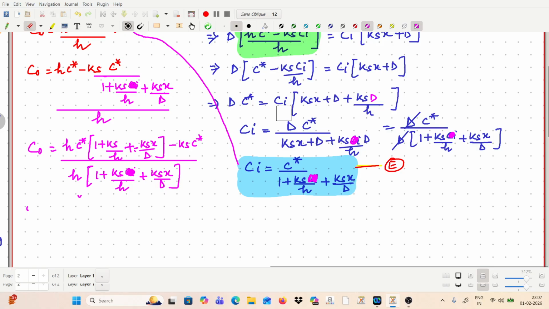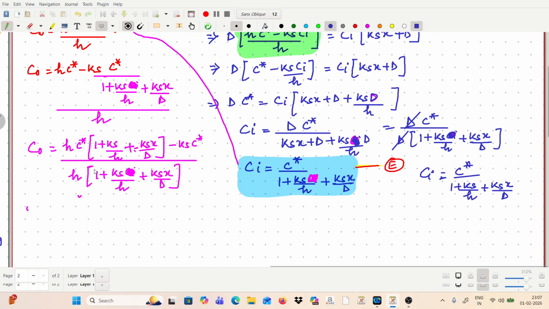This should be KS D C star and CI we are taking common. So KSX plus D plus KS D by H. So CI is nothing but simply C star upon 1 plus KS H upon KSX by D, C star upon 1 plus.